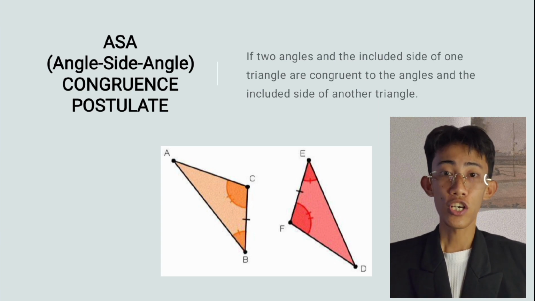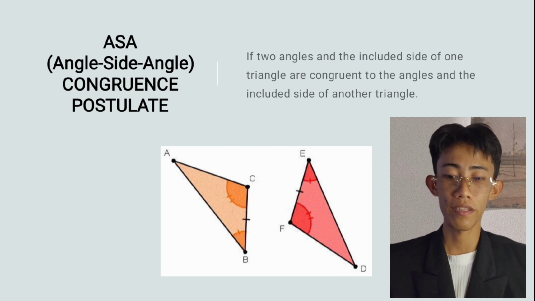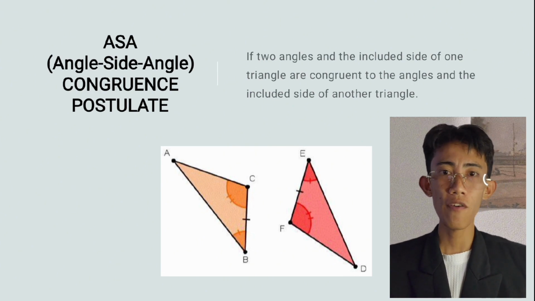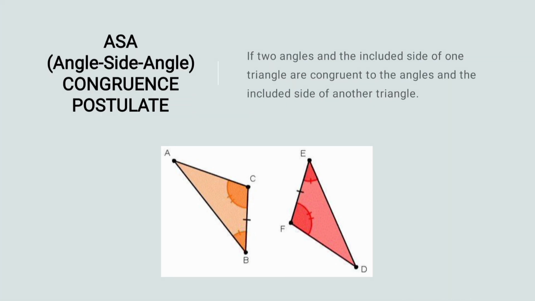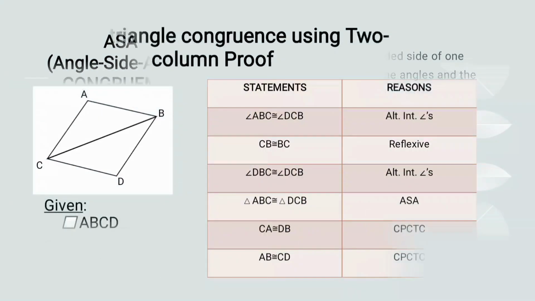In the picture, you will notice that two angles of the two triangles are congruent. However, we can't definitely say that the triangles are congruent. All we need to do is prove it by using a two-column proof, to see if it is true or not. In the next slide, I have an example for you.